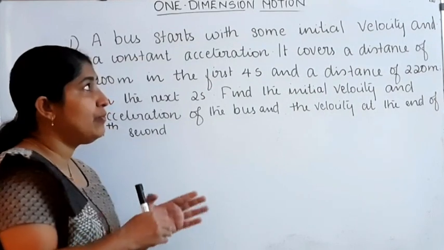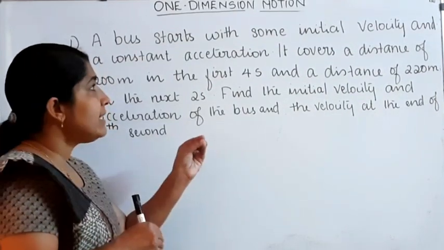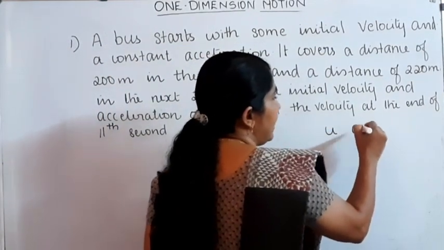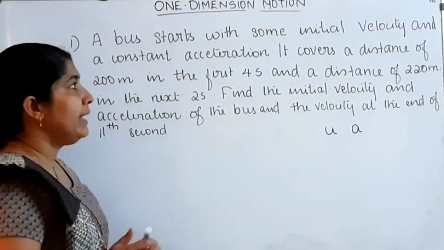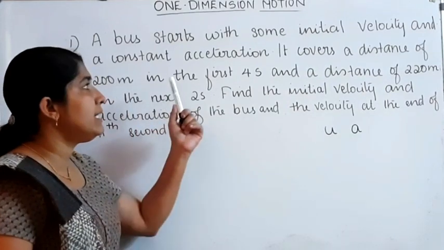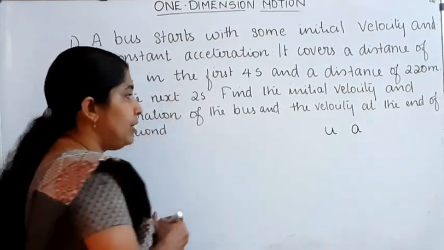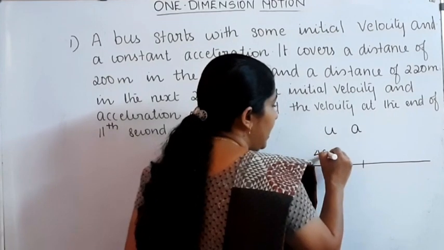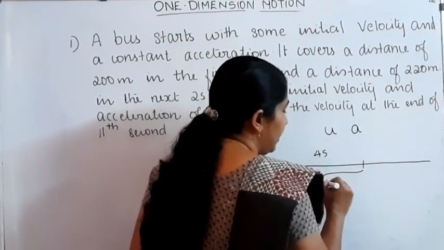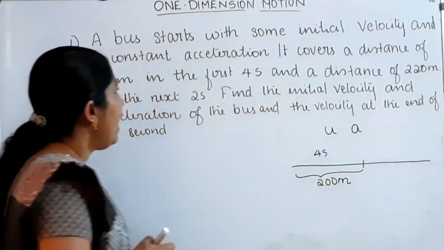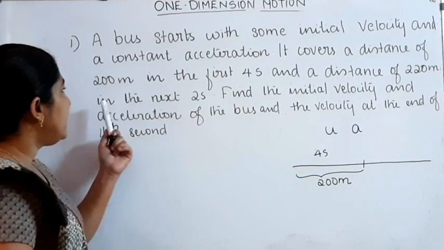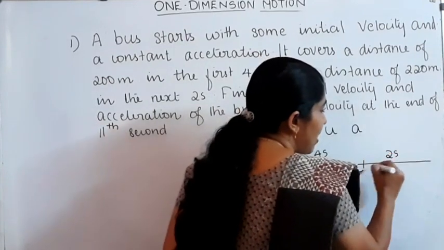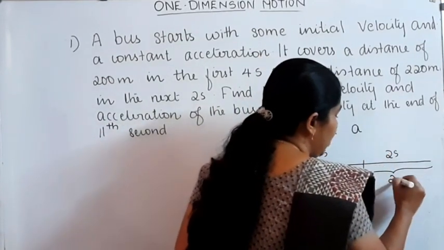We can take the initial velocity as U and the acceleration as A. In the first 4 seconds, the bus covers a distance of 200 meter, and in the next 2 seconds, it covers a distance of 220 meter.